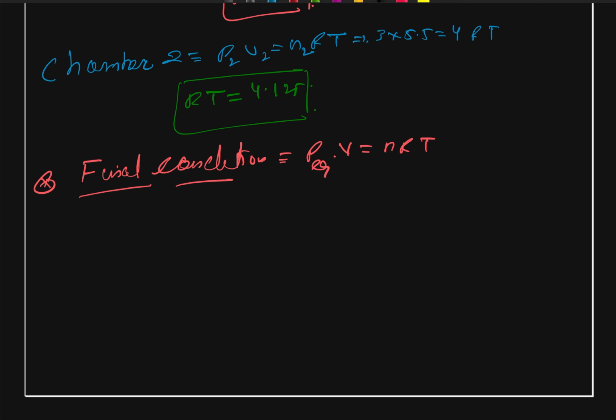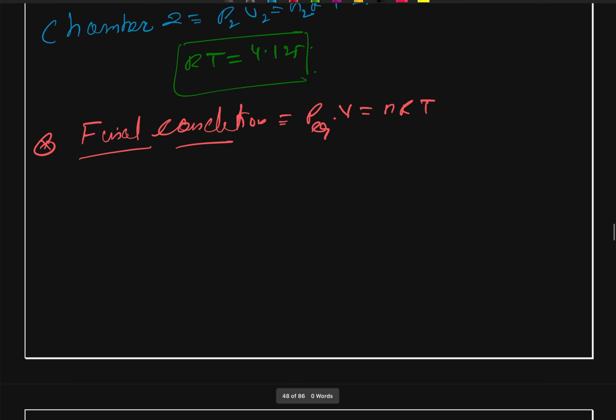Now this V will be equal to the volume of the first chamber plus the volume of the second chamber, so V is equal to 4.5 plus 5.5, giving us 10 liters, and the number of moles will be equal to N1 plus N2, which is 3 plus 4 giving us 7.